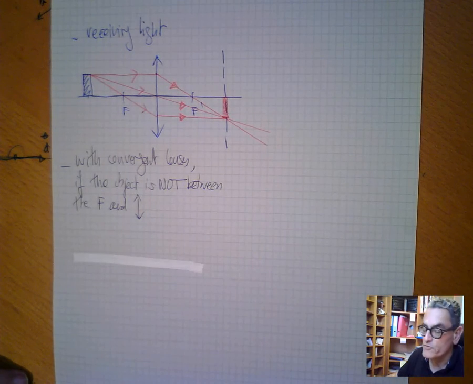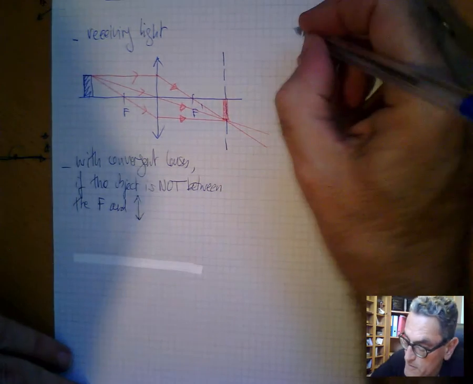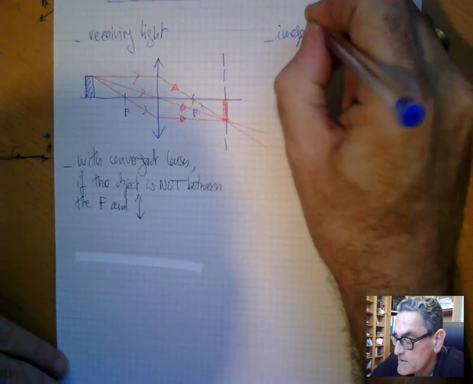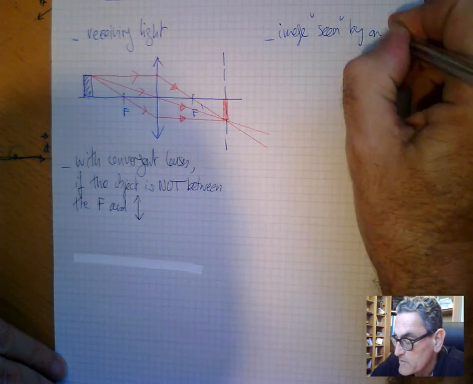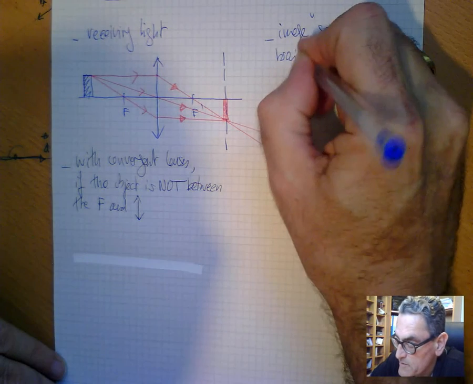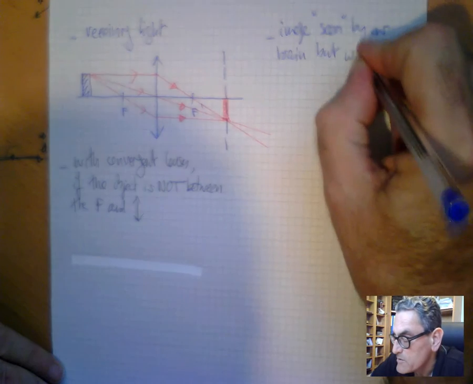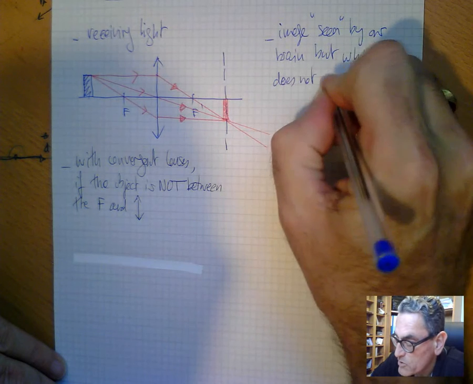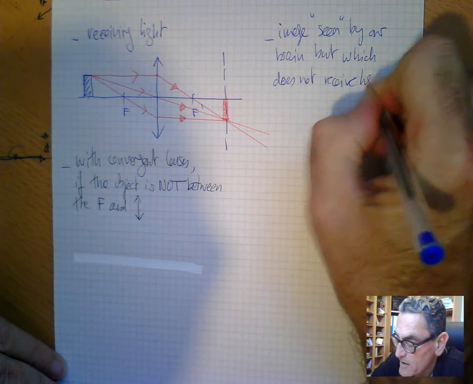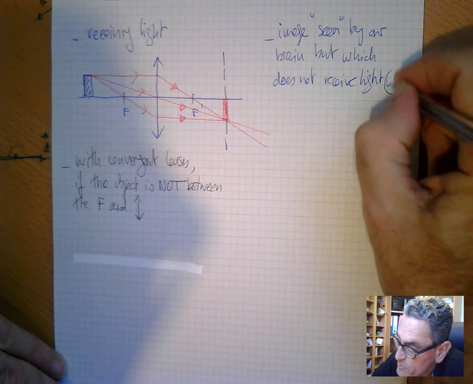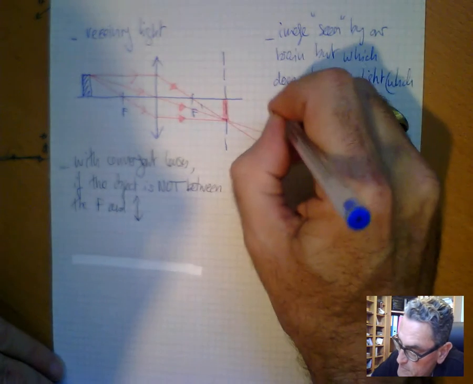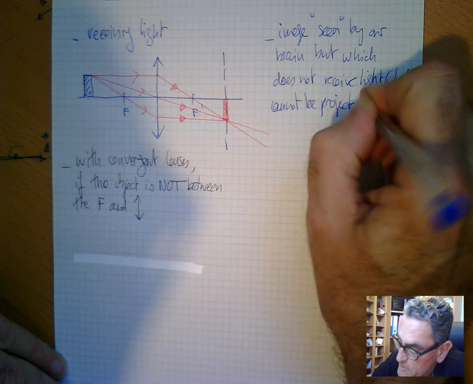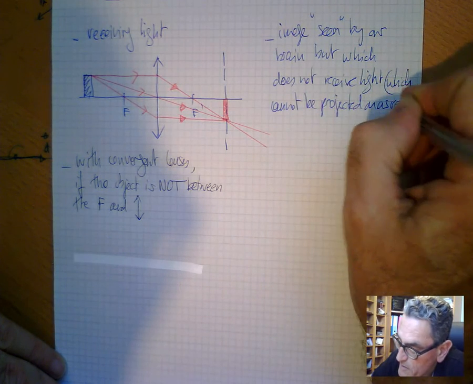now what is a virtual image? Okay, it's an image seen by our brain, but which does not receive light, and this also means which cannot be projected on a screen.